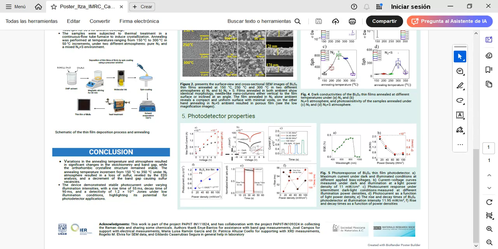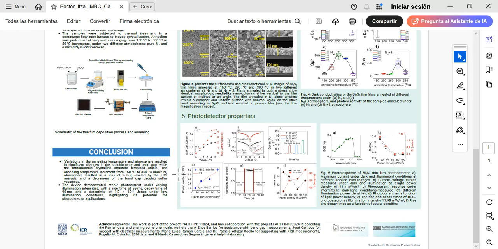The variation in the annealing temperatures and the atmosphere resulted in significant changes in the stoichiometry and the band gap, while the orthorhombic crystalline structure remained stable.